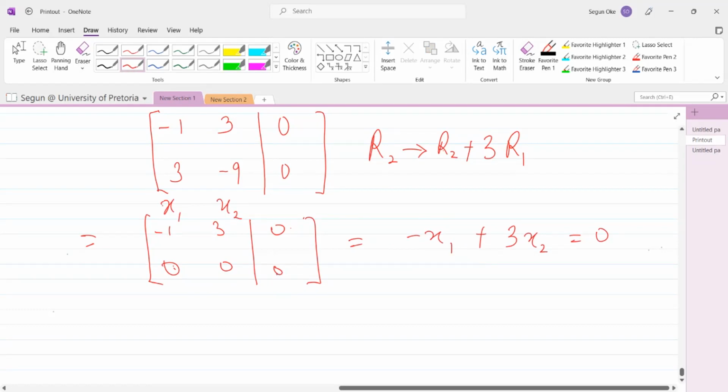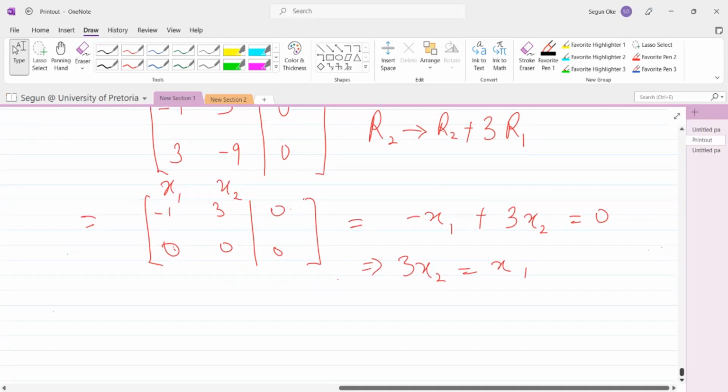Nothing, 0, so we don't need it. So all we need to do is solve for x1 and x2. You agree if I say that 3x2 is equal to x1.